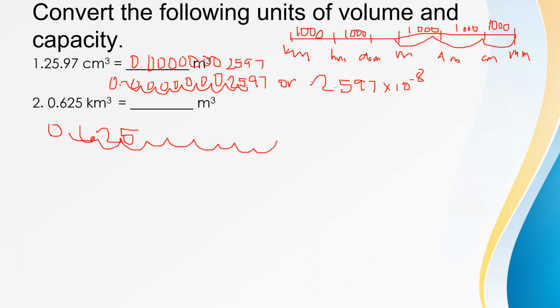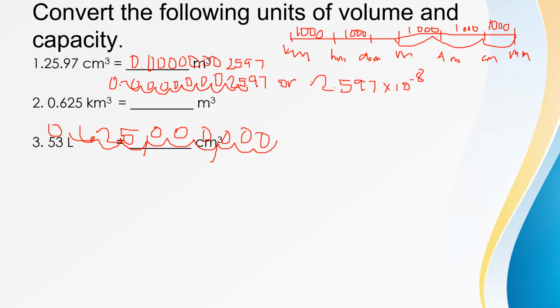Because 9 zeros din ang kailangan natin. So we have 1, 2, 3, 4, 5, 6. Kasi ito na ano na sila eh. So therefore our answer is 625 million. Alright, next.